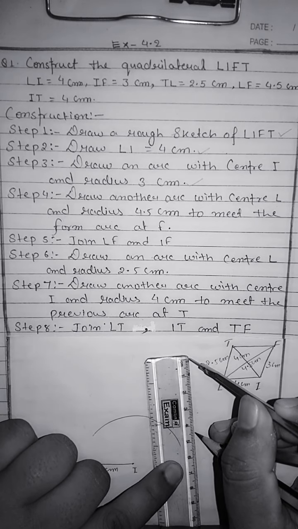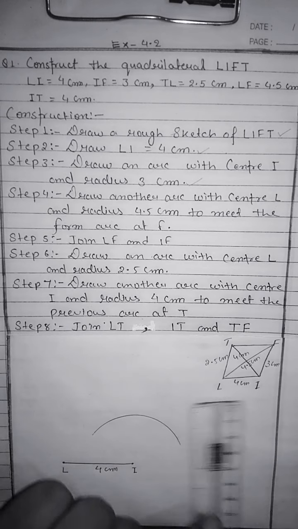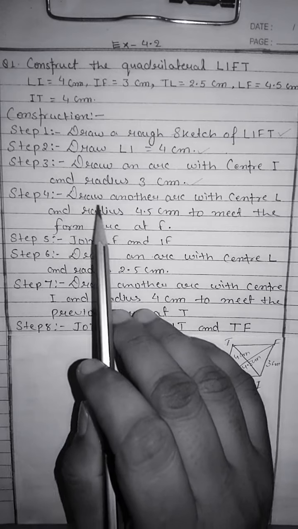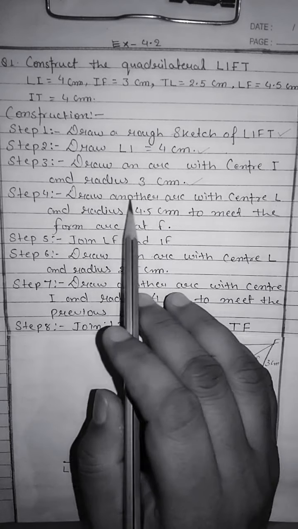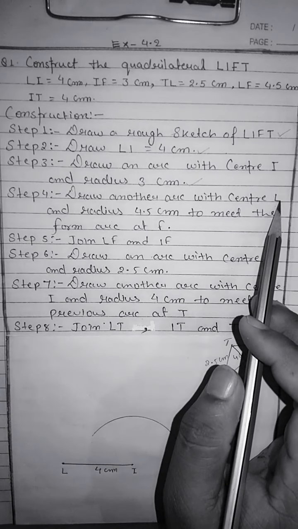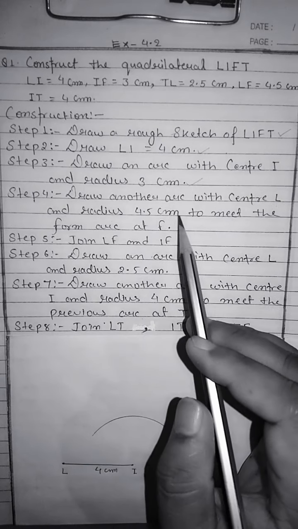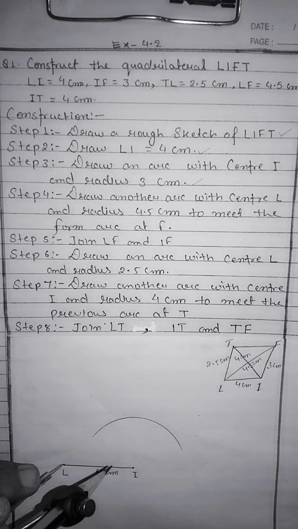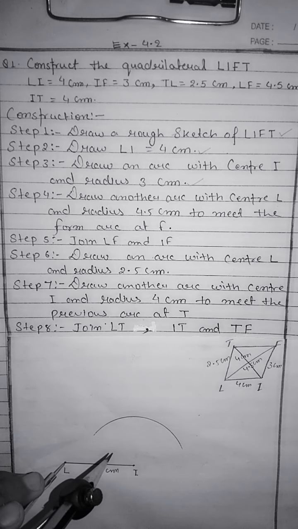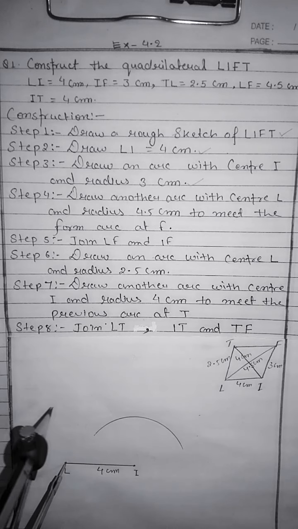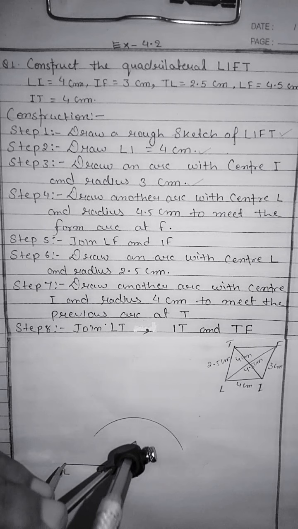According to step number 4, we have to take center as L and radius as 4.5 centimeter. So take L as a center and cut an arc of 4.5 centimeter at the previous arc.